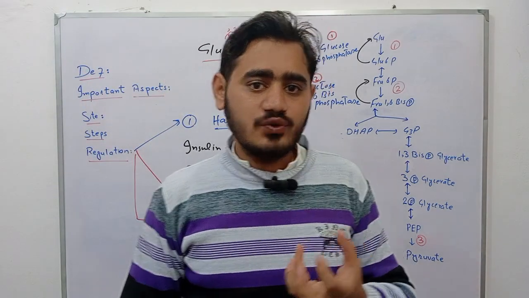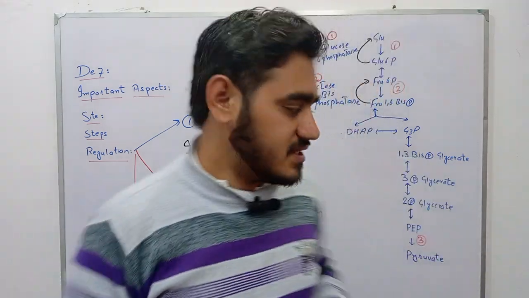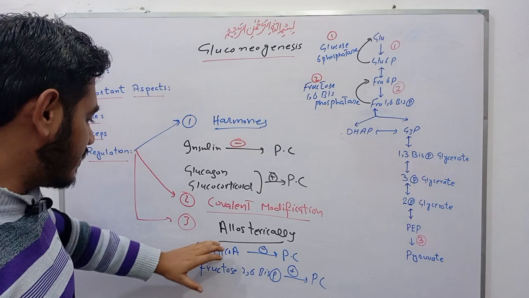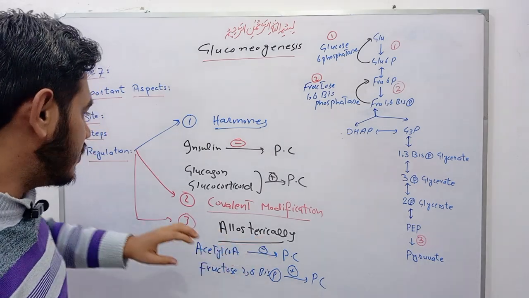In this way, regulation of gluconeogenesis takes place with the help of hormones, through covalent modification and through allosteric regulation.